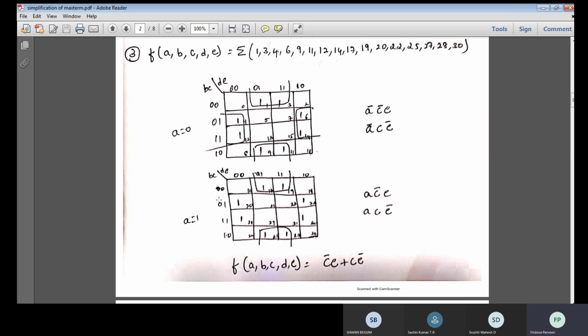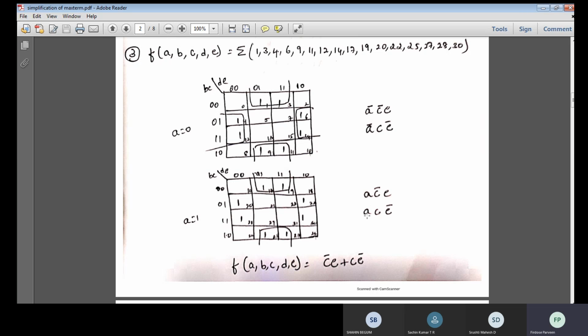So when I see this corresponding row, what is not changing? C. When I see corresponding column, it is E bar. So it is C, E bar, and A is equal to 1 indicates A. So C bar, E and C, E bar, again the same thing.